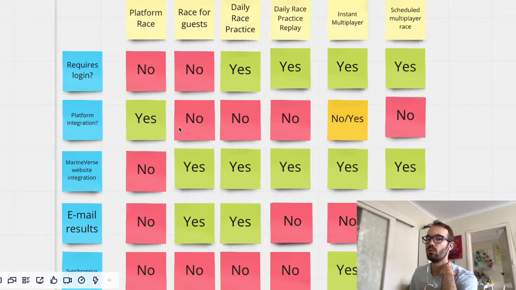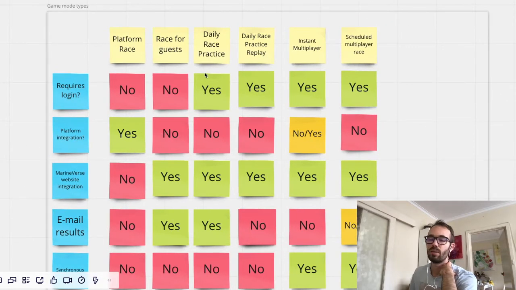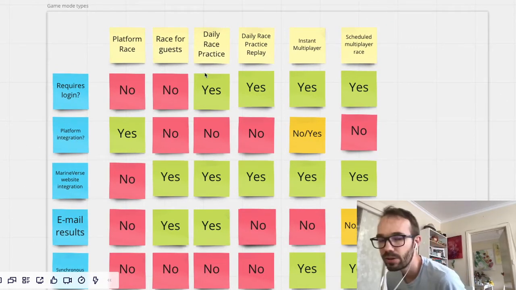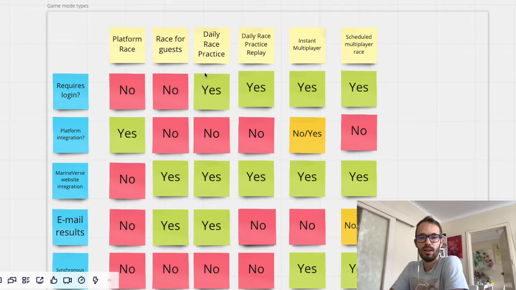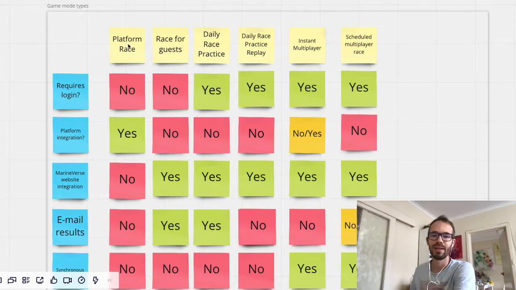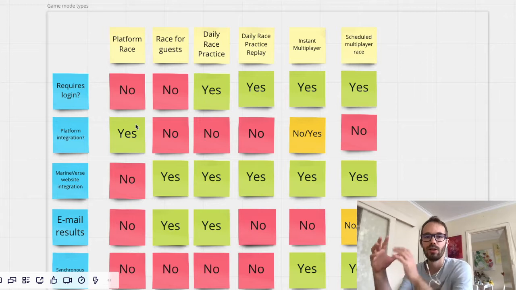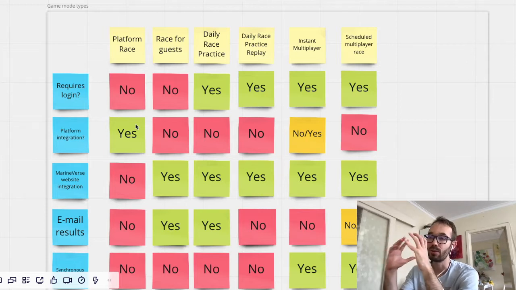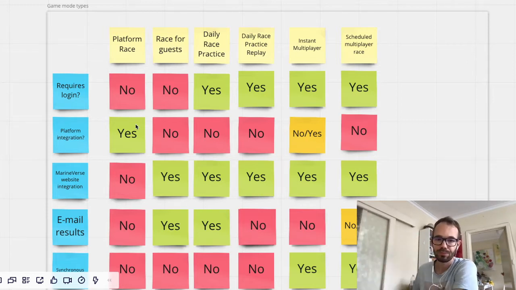Another way to look at those game modes is to ask whether there is a platform integration. And again, by platform we mean Steam or Oculus. So obviously platform race does integrate with the platform, and that means that in the Oculus app you can go to MarineVerse Cup leaderboards and you'll see the leaderboards for races, and the races you see there are specifically platform races.